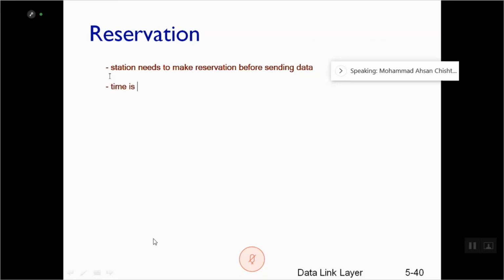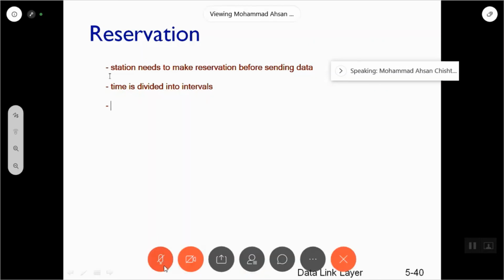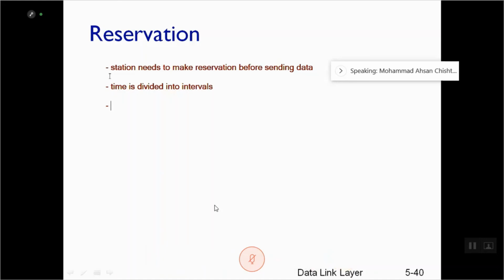Next, time is divided into intervals, and in each interval, a reservation frame is first sent, preceding the data frame that is sent in that interval. So if there are n slots, we will have exactly n reservation mini slots in the reservation frame.